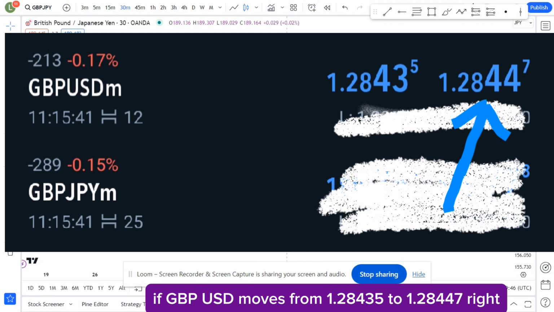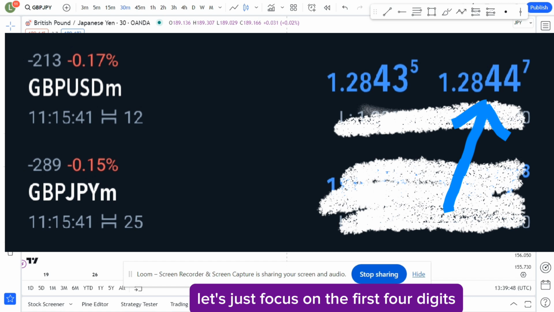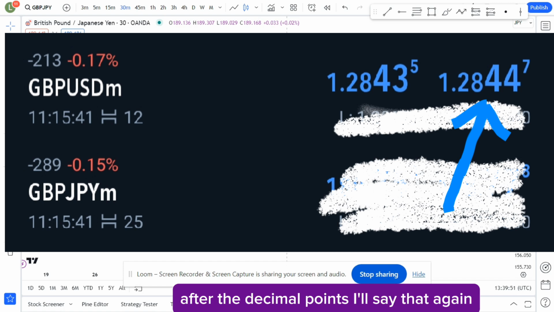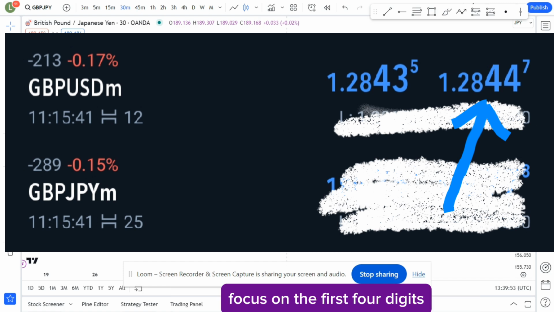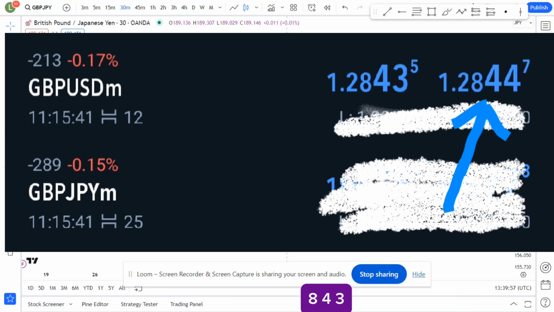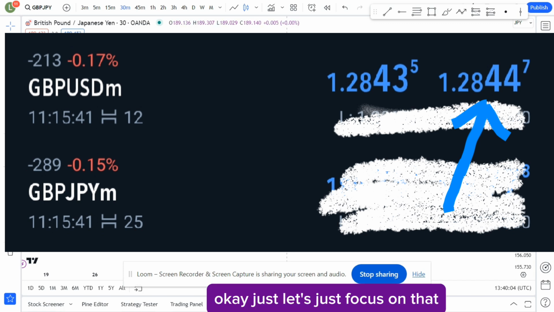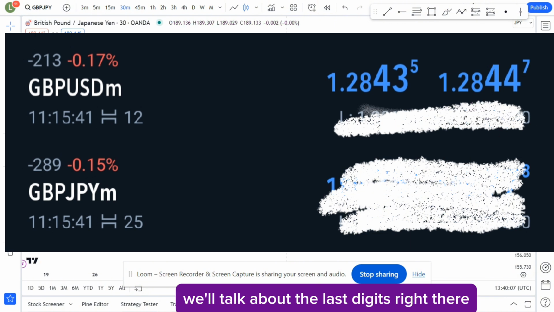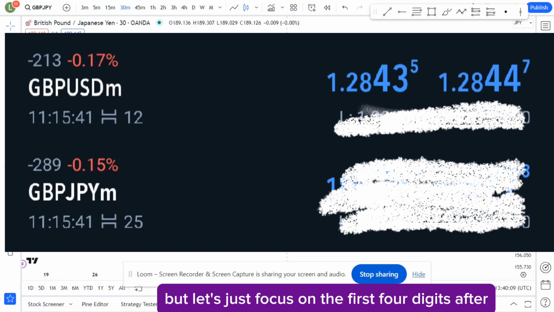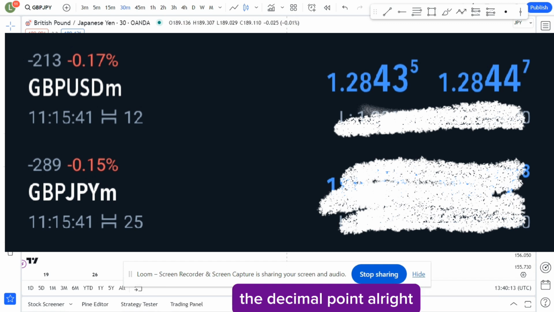1.28447. All right. Let's just focus on the first 4 digits after the decimal point. I'll take that again. Focus on the first 4 digits after the decimal point, which is 2843. Right, and 2844. We'll talk about the last digits right there, but let's just focus on the first 4 digits after the decimal point. All right, so leaving us with 1.2843.